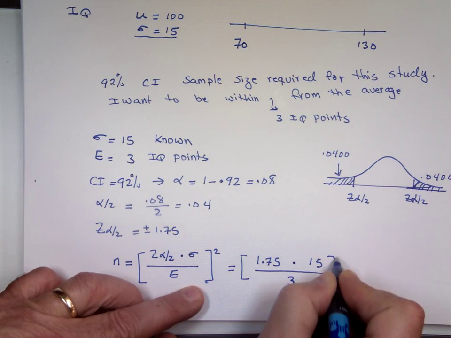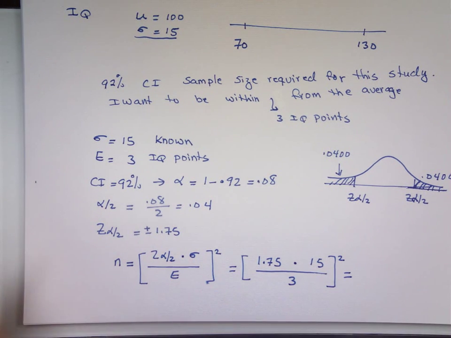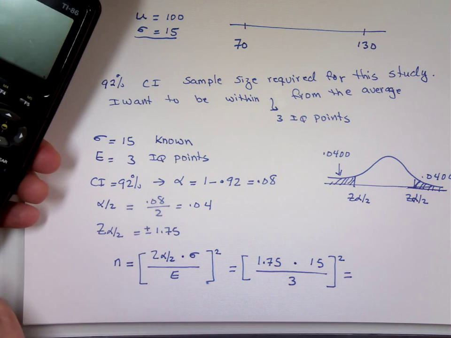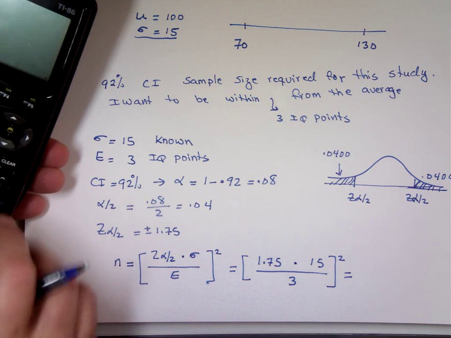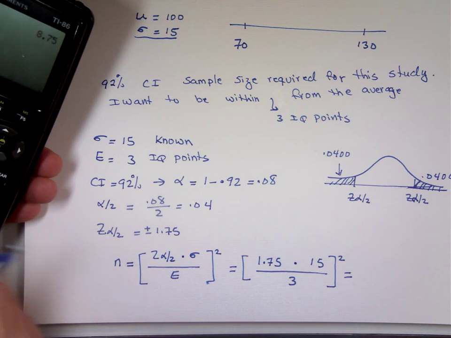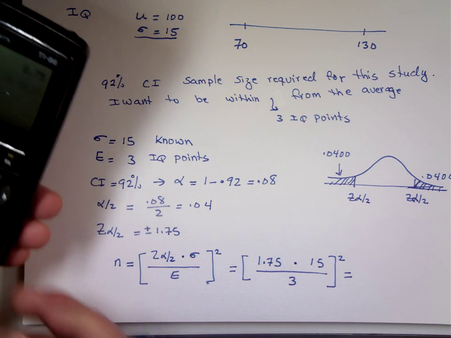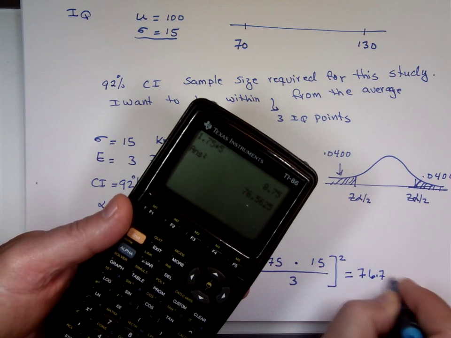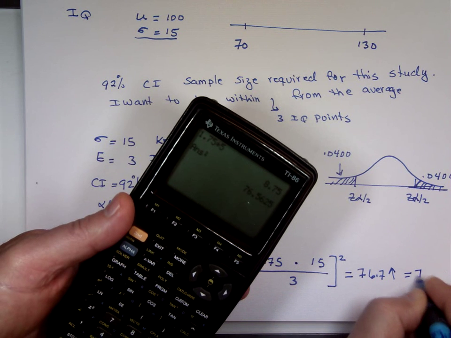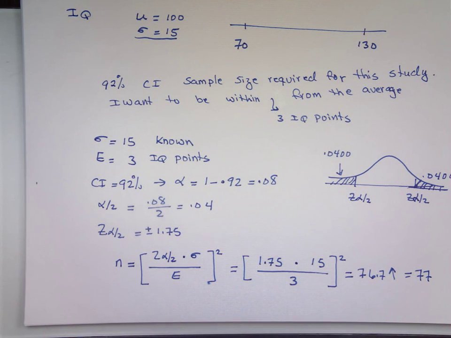And I'm going to square it. 1.75 times the 5, square that, and my math is 76.6. Always round it up. That means my sample size should be 77 people. So when I do my study, my sample size should be 77 people.